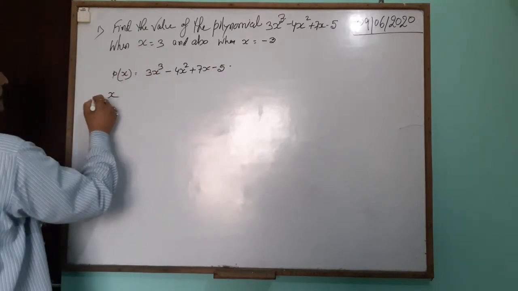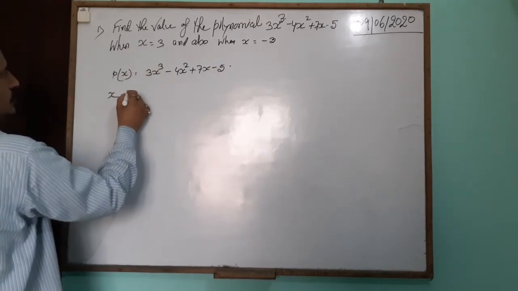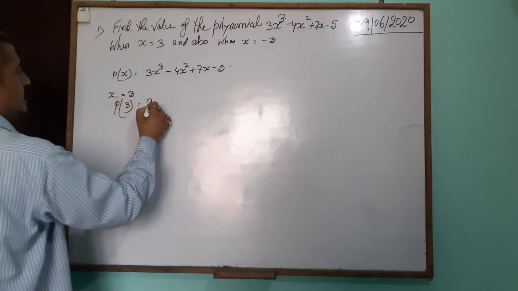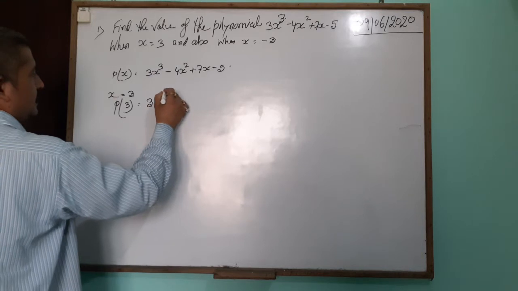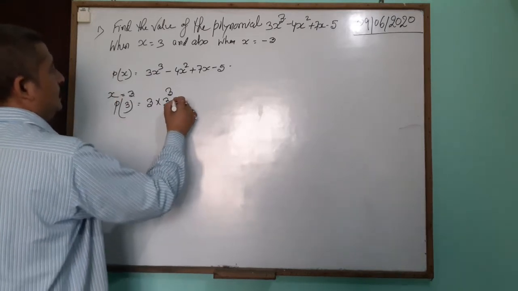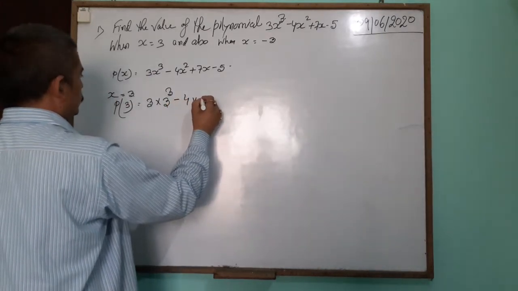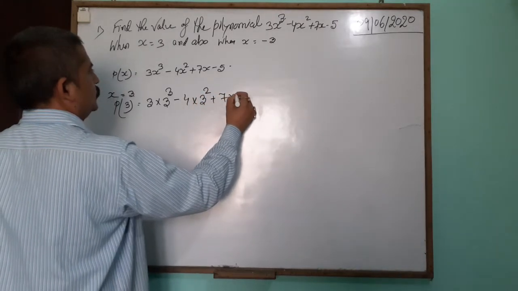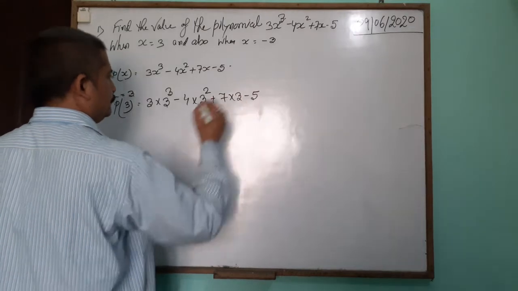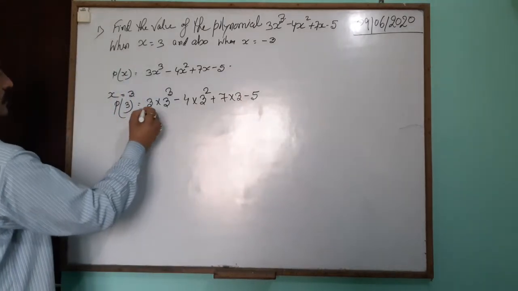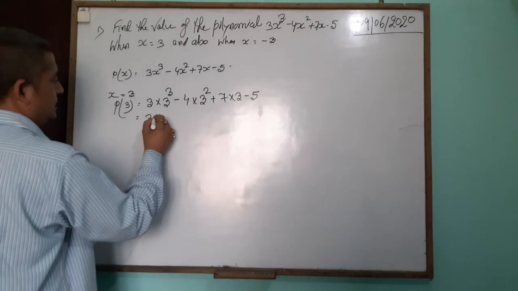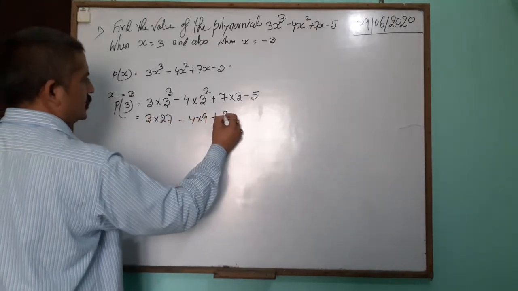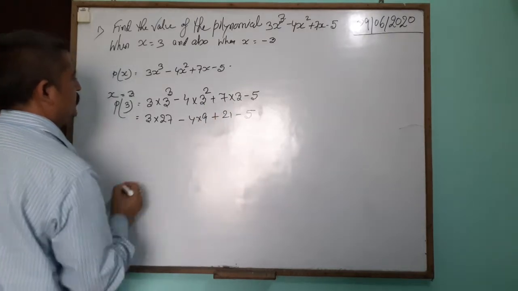You take x equal to 3, then we get 3 into 3 power cube minus 4 into 3 power 2 plus 7 into 3 minus 5. So 3 into 27 minus 4 into 9 plus 21 minus 5.